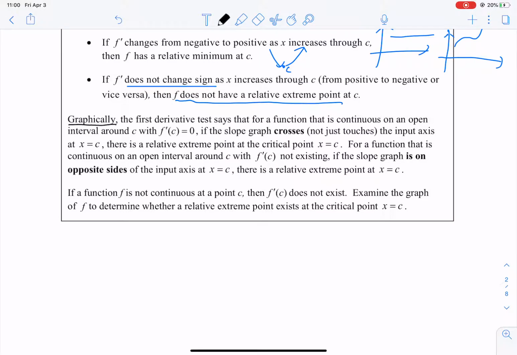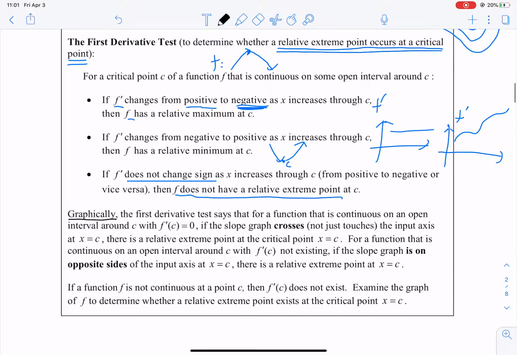After we finish the example, let's go back to the last part of the box, graphically. The first derivative test showed you the theory part, and the next one talks about it graphically. What does the first derivative test mean? This one is about a continuous case, and the second part is about a discontinuous case.